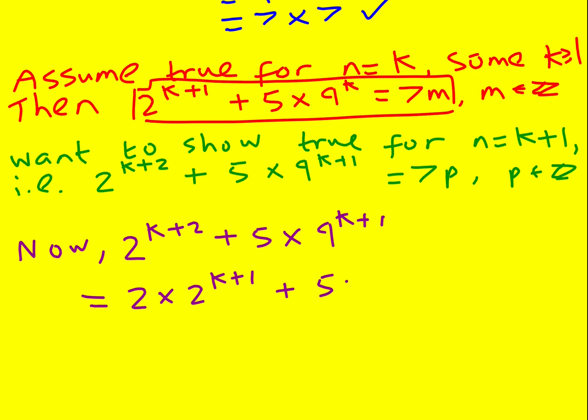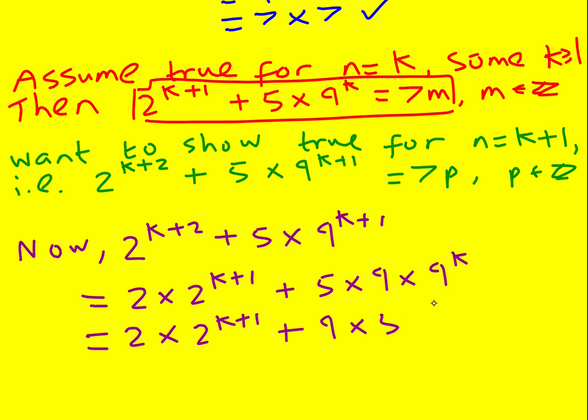It's going to be 5 times 9 times 9 to the k. I'm just going to put one extra line in. 2 times 2 to the k plus 1, I'm going to swap those around, 9 times 5 times 9 to the k.